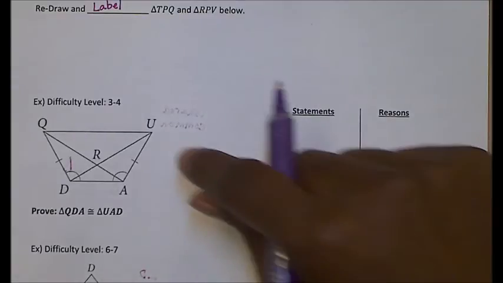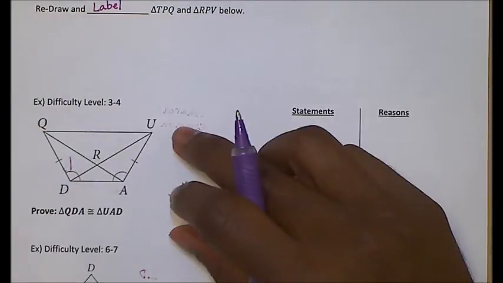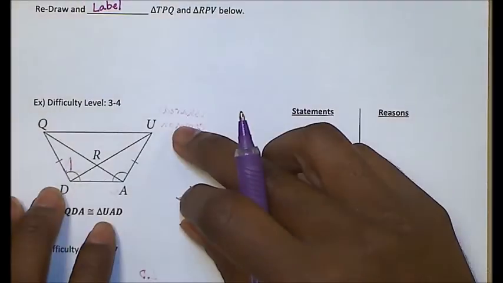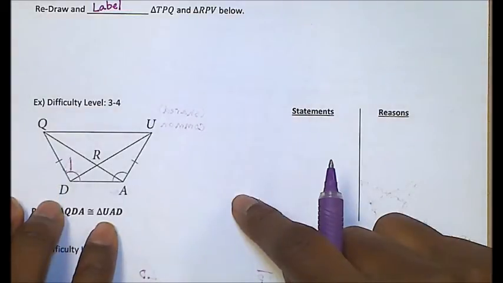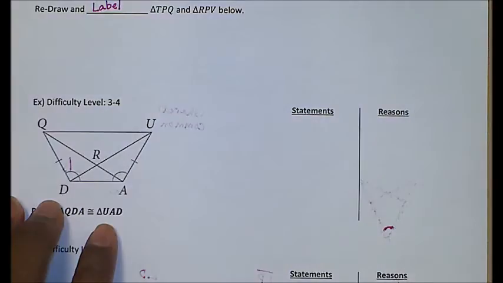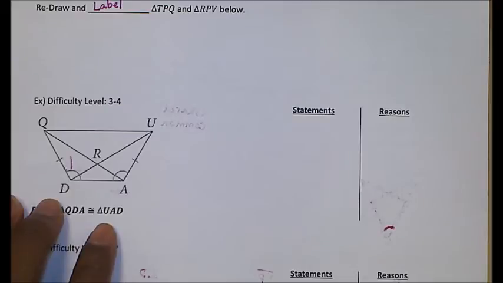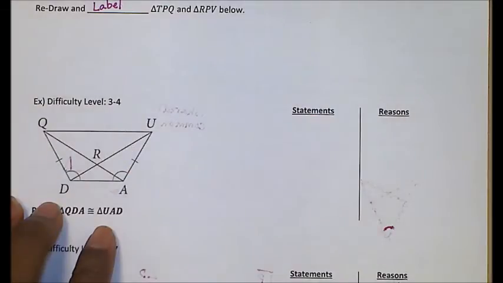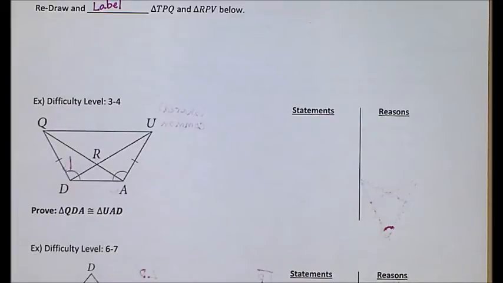We got some space to do that up here. TPQ and RPV, we did that on the front side. We won't do it back here. You can redraw and label it back here if you need more space. We'll do some more redrawing and relabeling here with these other three proofs.